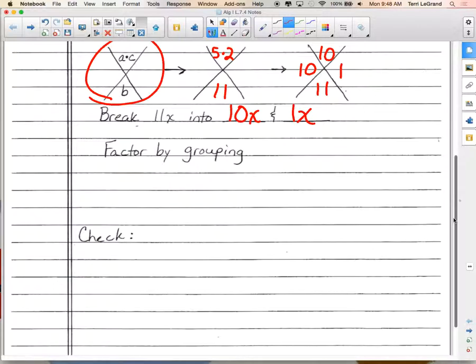So we're going to rename our quadratic trinomial as a 4-term polynomial. There's our new name for our trinomial. And now we can factor that by grouping. So it's already all addition, so we'll just stick some parentheses in.